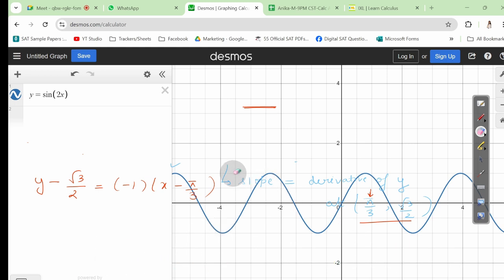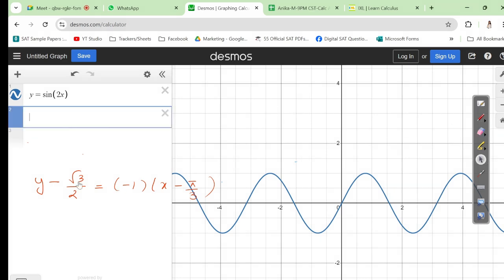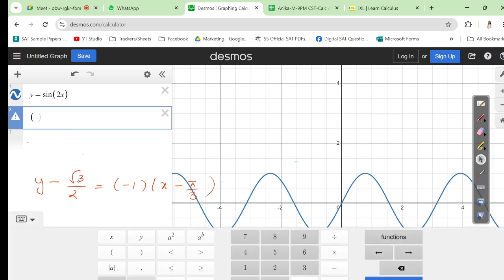Now we got this equation. No, first we had the point. What was the point? The point was pi over 3 comma root 3 over 2.